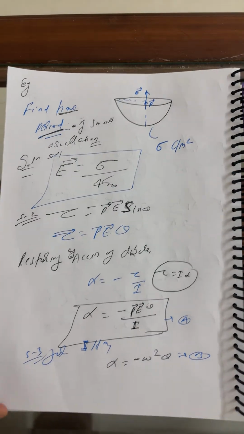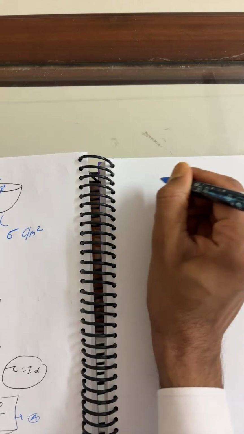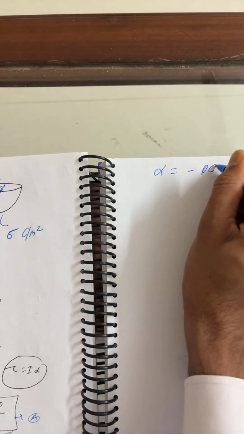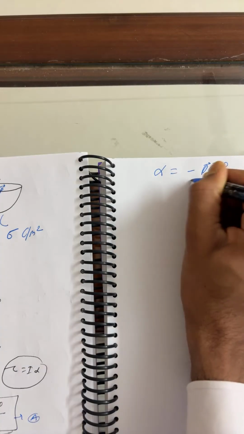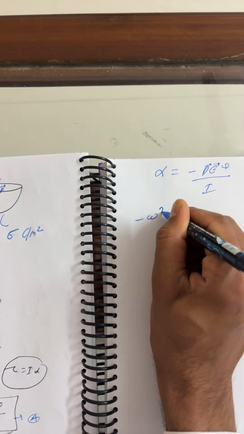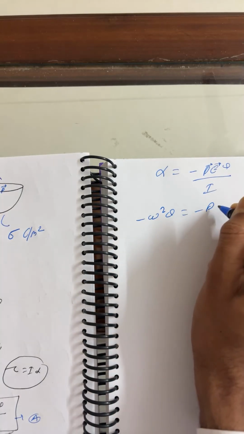So alpha is equal to minus PE theta upon I, and alpha is also minus omega square theta.